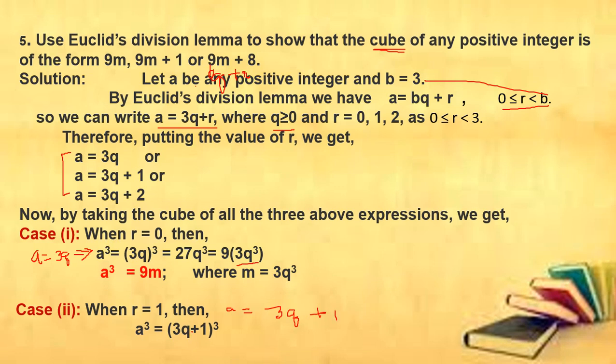So a cube equals 3q plus 1 whole cube. Then, as we know, a plus b whole cube is an identity: a cube plus b cube plus 3 into a into b into a plus b.